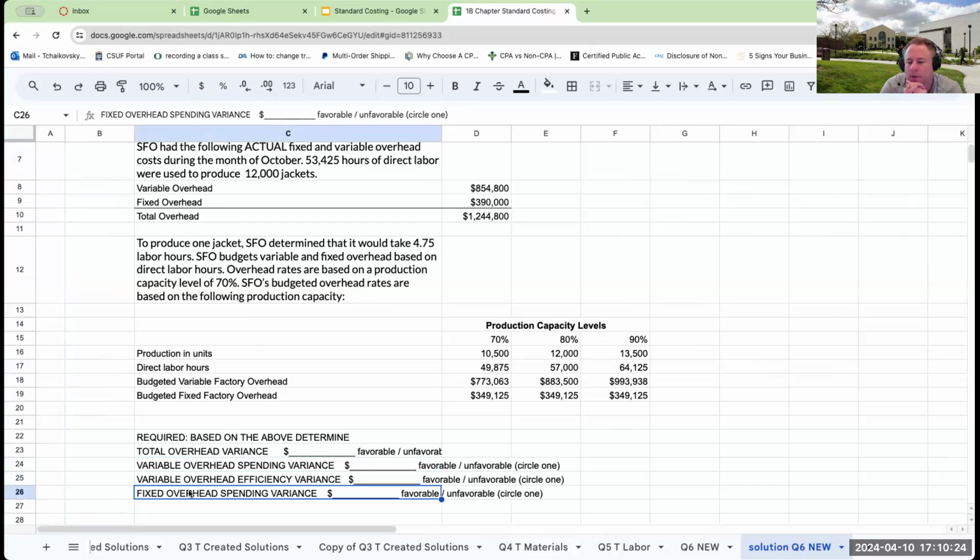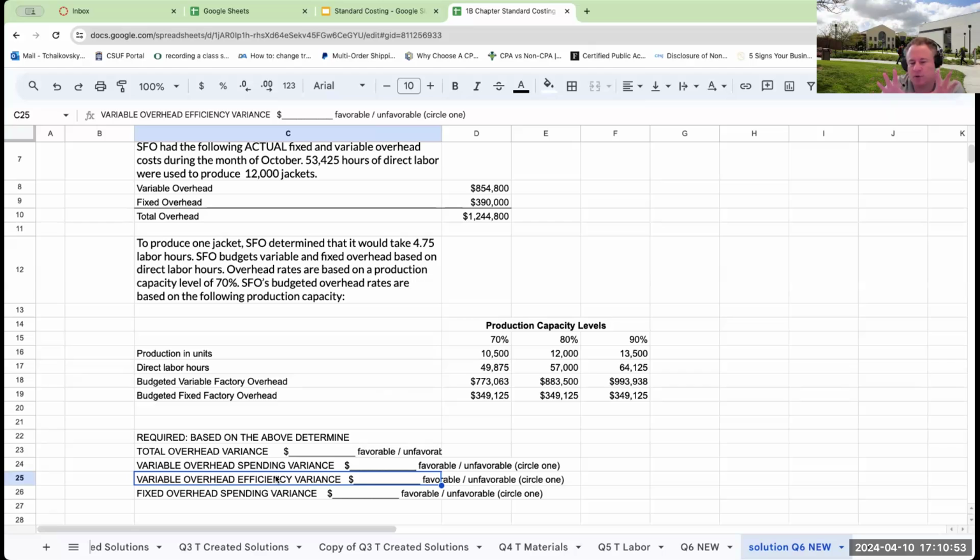One of the things I do a little differently in my classes is that I really focus on what we call the overhead controllable variance. What this means is that we look at variable overhead, and when we see the spending and efficiency variances, this looks a lot like the rate and efficiency variances we saw with direct labor variances.